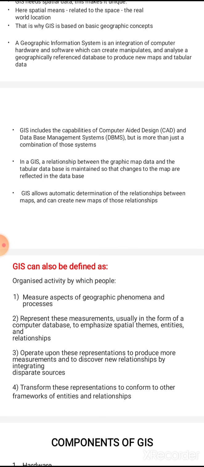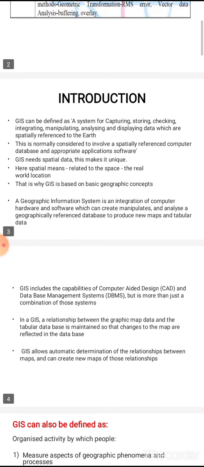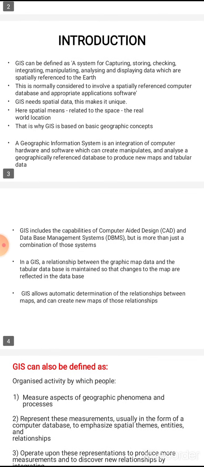Okay, so this is already explained in the above two slides, that is slide number 3 and 4. Okay, so this is all about GIS. Okay, so we'll understand GIS more in coming videos.